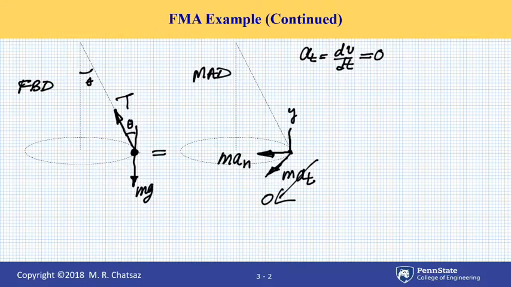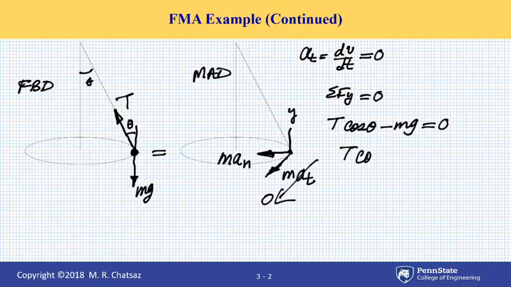Then, since there is no vertical motion, I can write net forces in y direction equals to 0, and from the left FBD I can write T cosine theta minus mg equal to 0, or I can rewrite this as T cosine theta equal to mg. Let this be called equation 1.